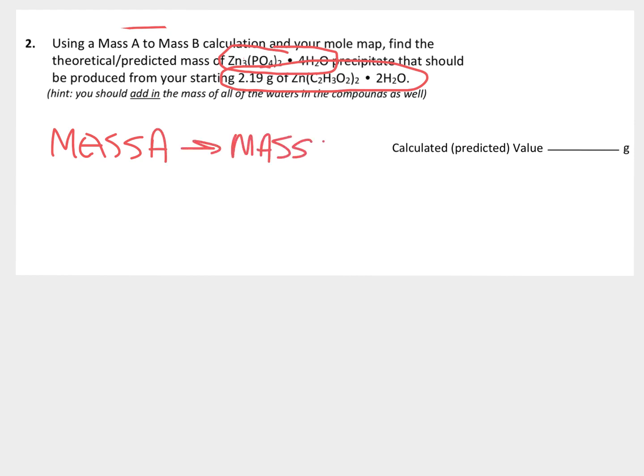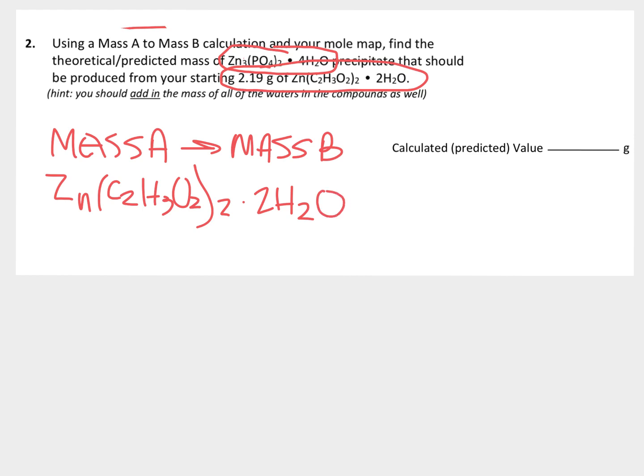And you can use your mole map to help you with that. But remember that the A is your zinc acetate, C2H3O2, and it has 2 waters attached to it. So when you eventually need to find the molar mass of this, you're going to need to take zinc acetate plus 2 whole waters for the mass.